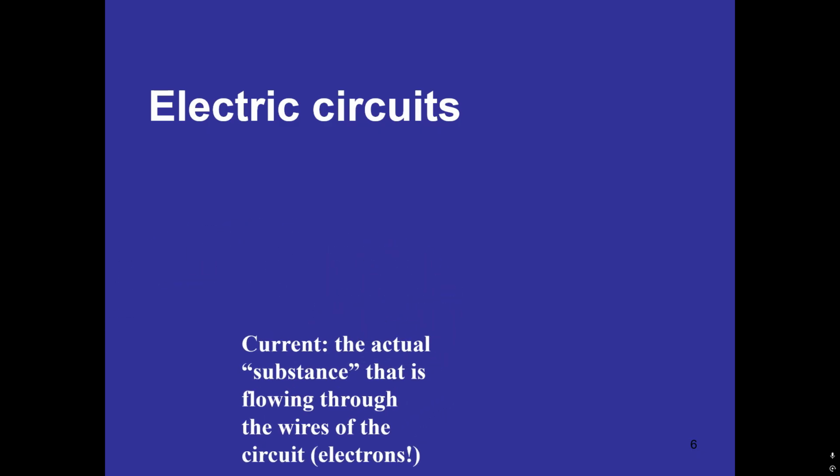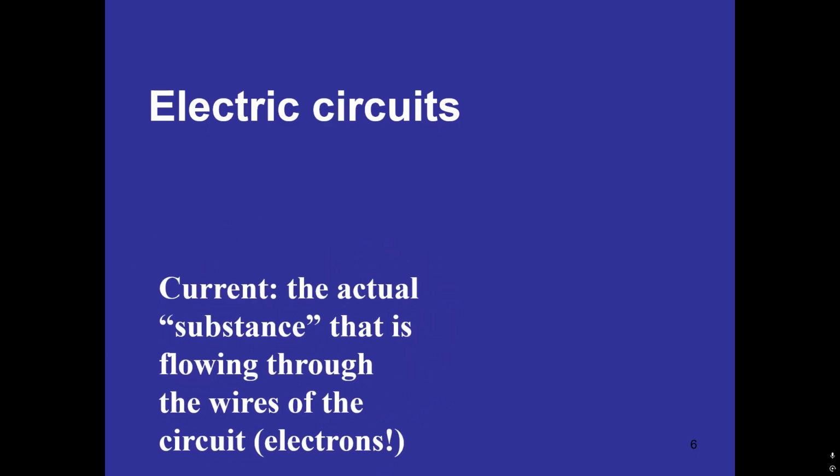Electric circuits. In that, what is current? We have already said what current is: the actual substance that is flowing through the wires of the circuit.